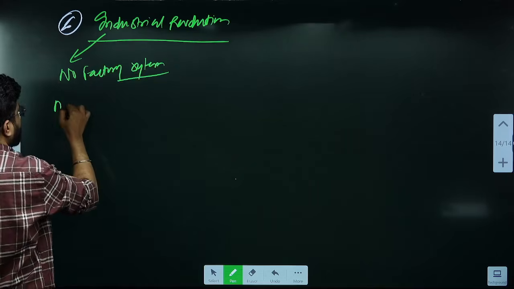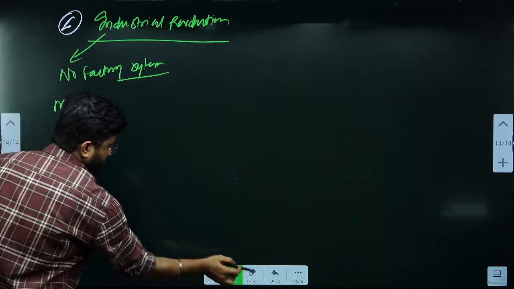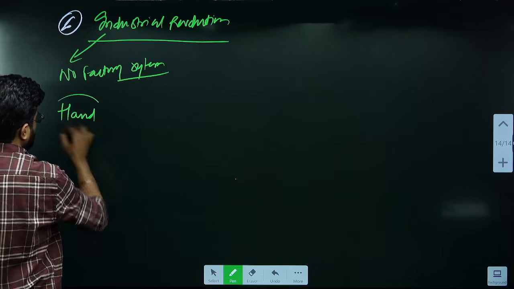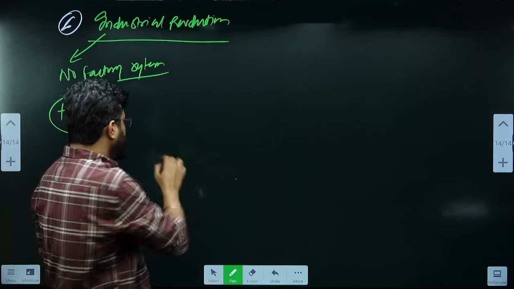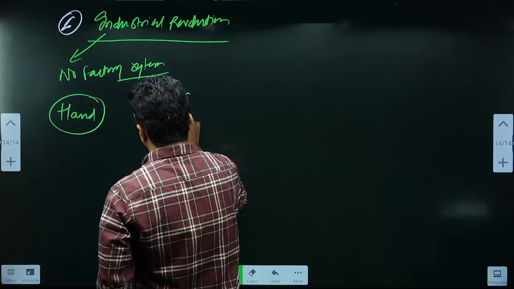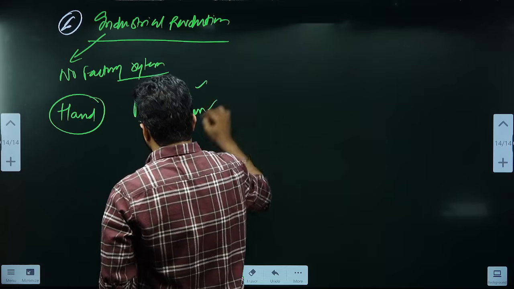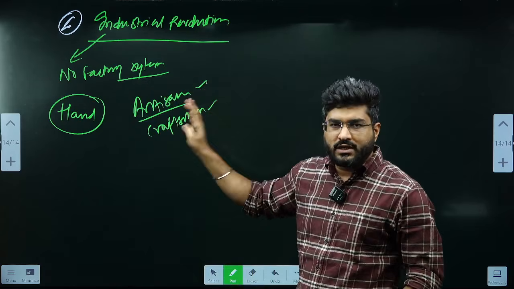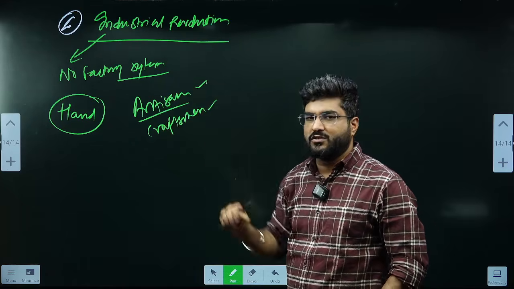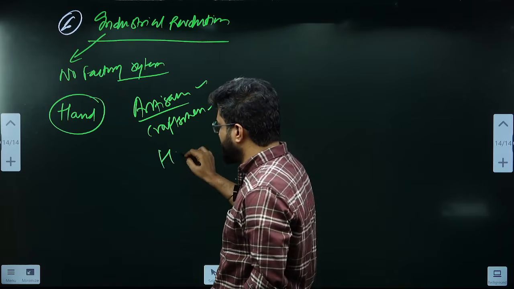Products were made by hand. So artisans and craftsmen were largely important sections of that society, because everything was made by hand. So handmade products were important.